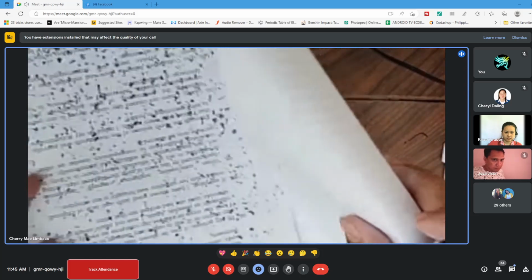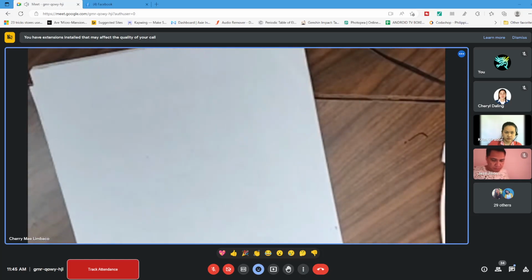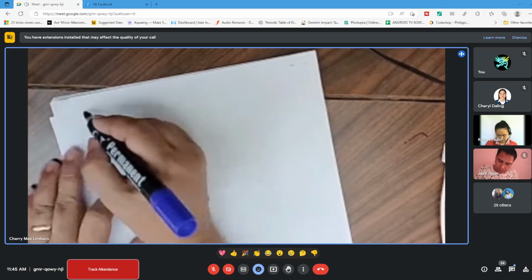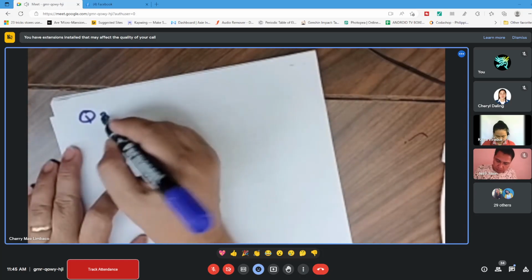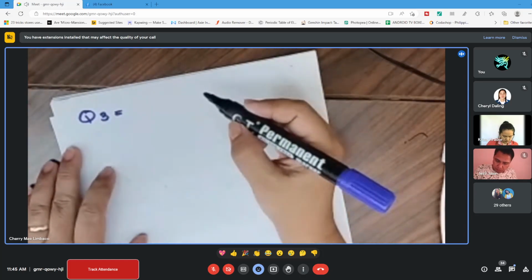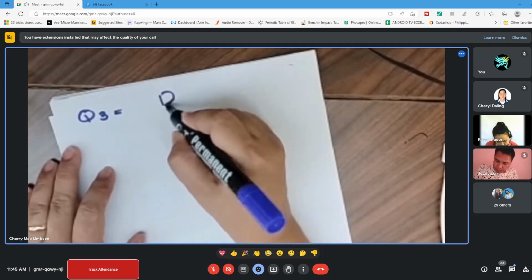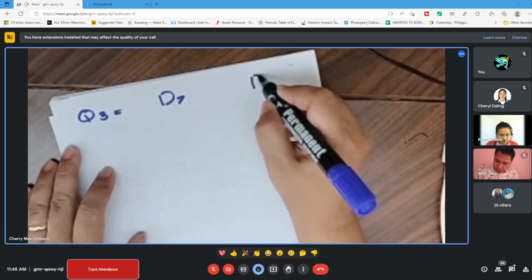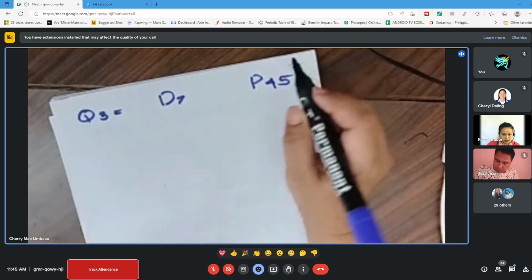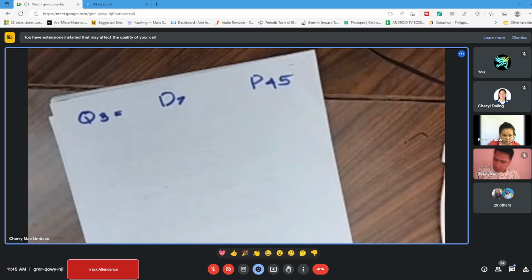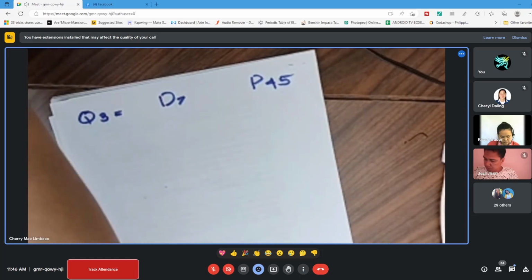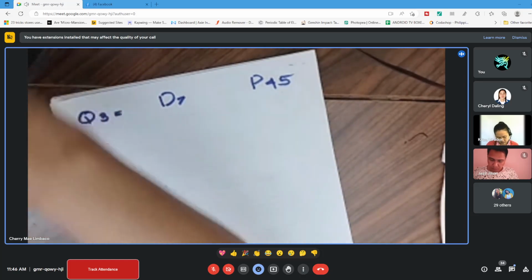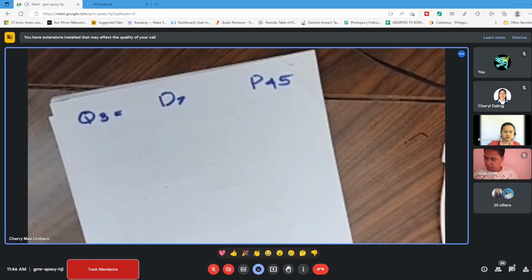Solve for Q3. Let's have Q3. Now you try to solve Q3, D7, and P45. Solve it now. Just here, di lang ko ninyo makita kaya di ko na ilabtan akong program.